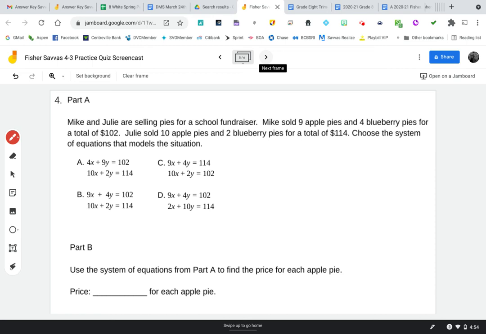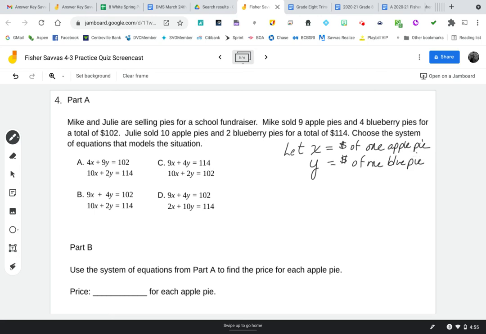All right, so I know how many pies were sold and I know the total cost. So if they're using x's and y's here in my equations, I'm going to let x be equal to the cost of 1 apple pie. So that means we're going to let y be equal to the cost of 1 blueberry pie.